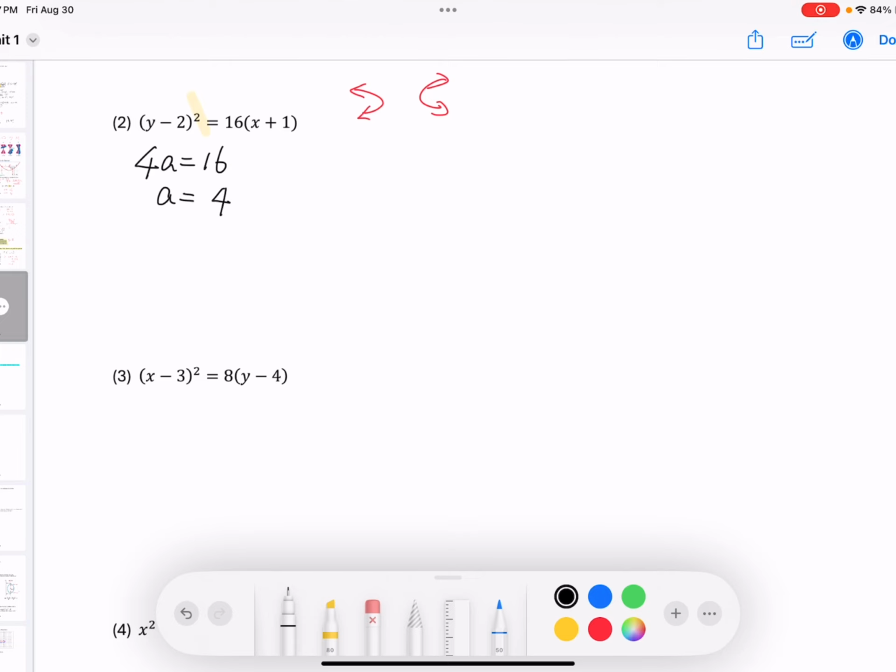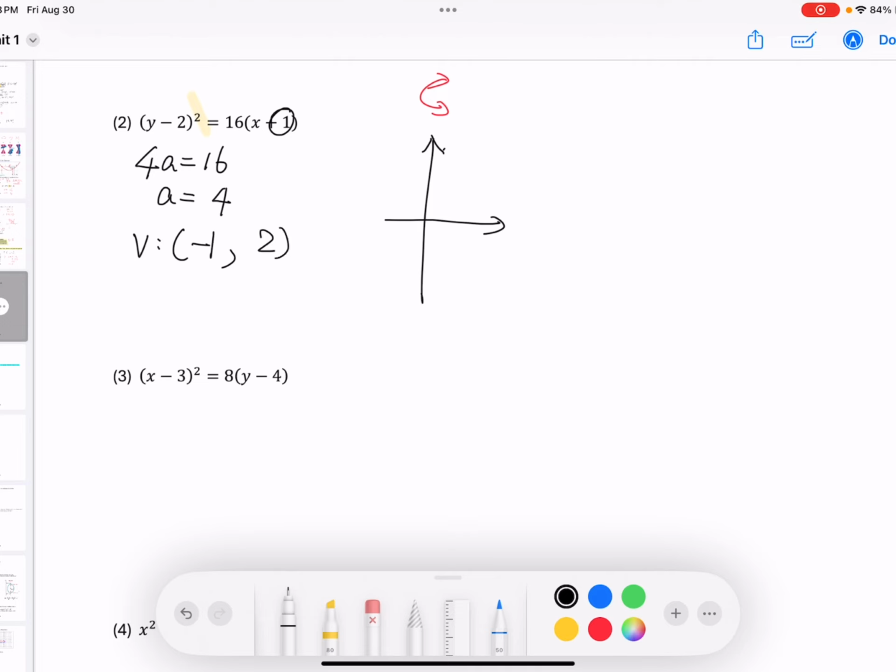That means positive, so it opens in the positive x direction. I'm choosing this image. Okay, let's find the vertex. The vertex is (h, k). H goes with the x, which is -1, and k is 2.